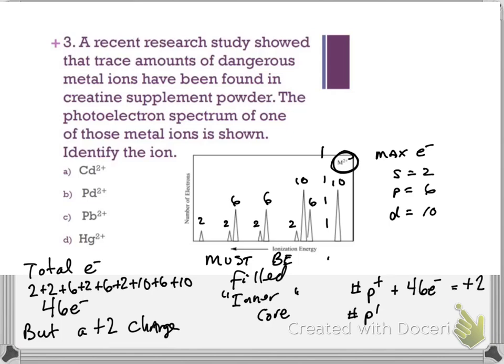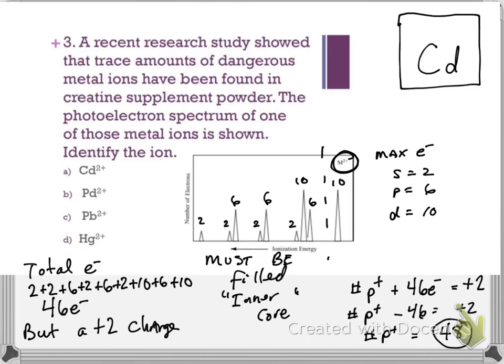Keep in mind that each electron takes on a -1 charge, so the number of protons minus 46 equals plus 2. Now we can calculate the number of protons by adding 46 to both sides. We see the number of protons is 48. 48 protons are required to, when you combine them with 46 electrons, give a positive 2 charge. Look on the periodic table, and that element is cadmium.